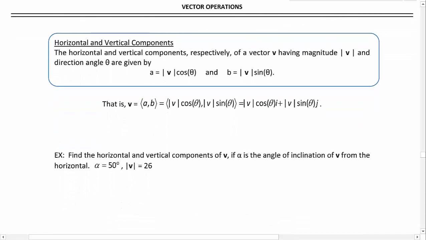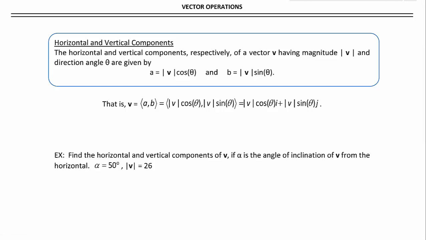We can also talk about the horizontal and vertical components of a vector. The horizontal and vertical components, respectively, of a vector v having magnitude of v and direction angle theta are given by a equals the magnitude of v times cosine theta, and b equals the magnitude of v times sine theta.